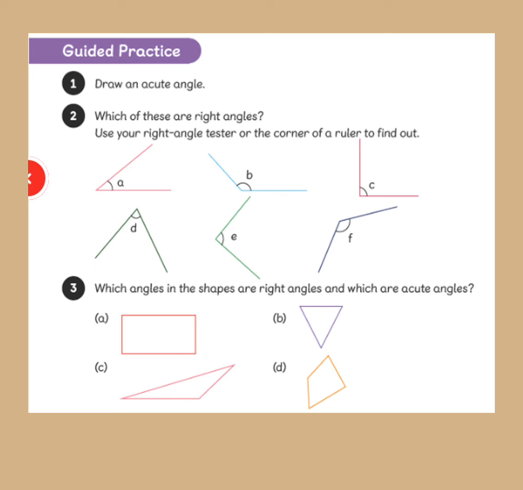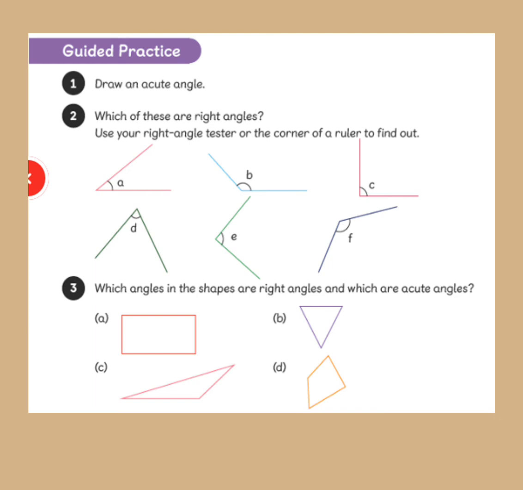Exactly. C is a right angle. So now we can compare the others to see if they're bigger or smaller than C. Let's look at A. Bigger or smaller? Smaller. So it must be an acute angle.